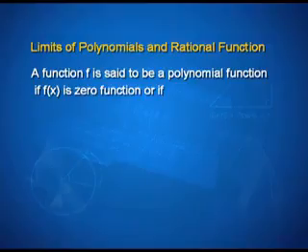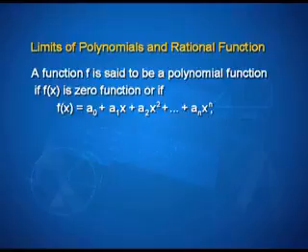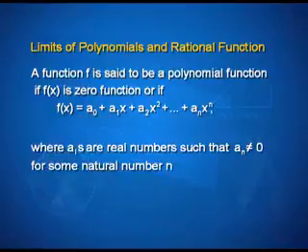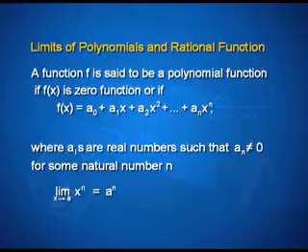Now, let us look into the limits of polynomials and rational functions. A function f is said to be a polynomial function if f of x is the 0 function or if f of x is equal to a0 plus a1x plus a2x square plus ... plus an x to the power n, where the ai's are real numbers such that an is not equal to 0 for some natural number n.